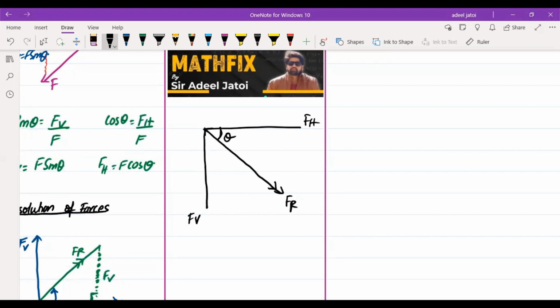Let's say this is your theta. You make your right angle triangle, right? This becomes FV and automatically this is your FH. Now, FV is a force acting towards what? Downwards, whereas FH is a force acting towards left.